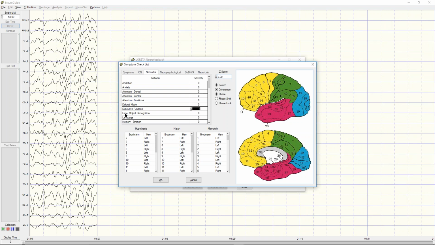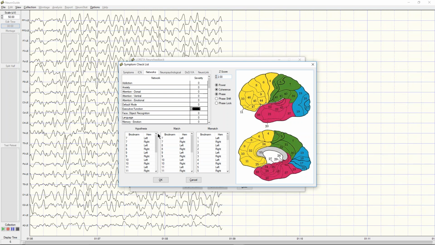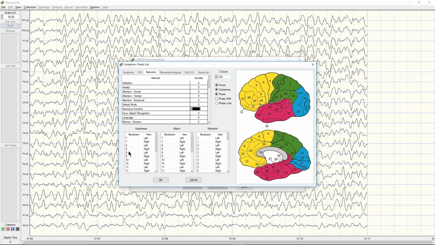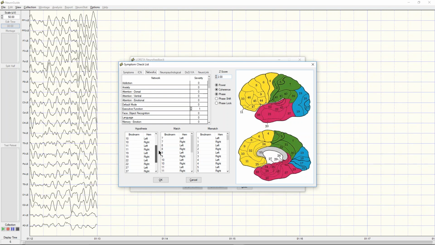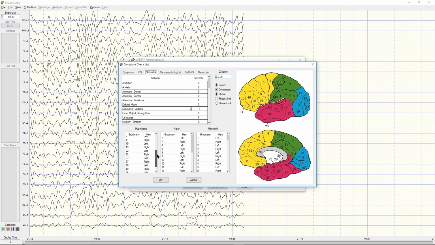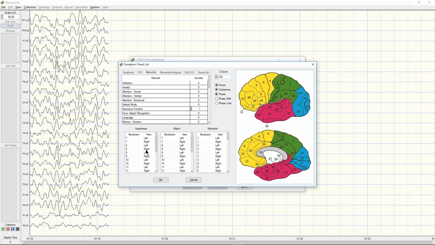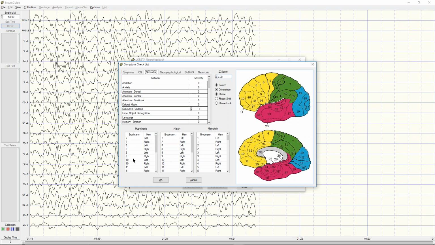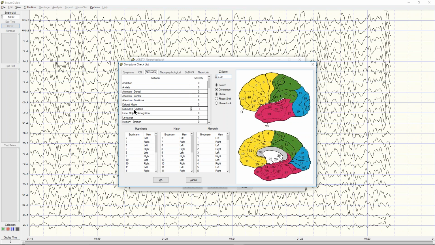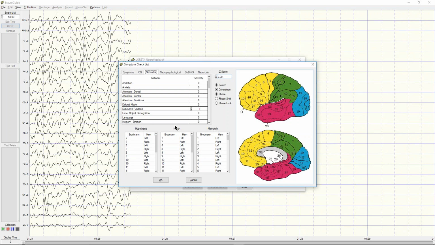The hypothesis from clicking this executive function choice is that these Brodmann areas on the left and the right should be impacted. So these are what I'm expecting to see. I'm expecting to see findings in these Brodmann areas because they are associated with the executive function network.